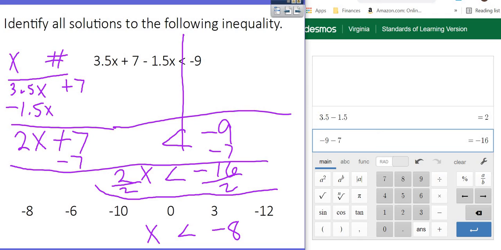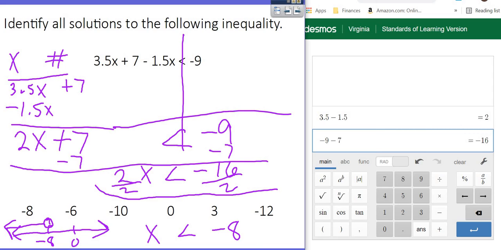So whenever I get an answer like that, I always make a number line. That way I know exactly what my answer should look like. So I'm going to make a little bitty number line here. I'm going to put a negative 8 there and a 0 here. I know it's an open circle above the negative 8, and I know that it's going to the left.